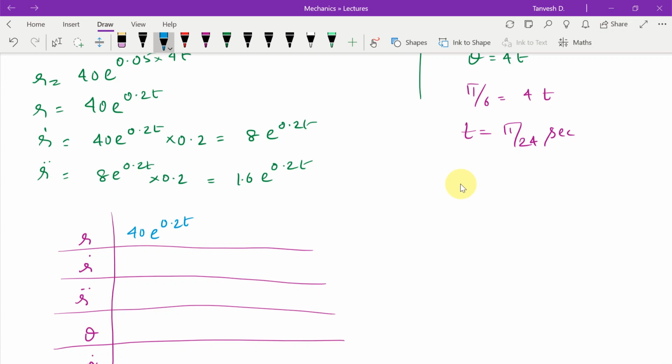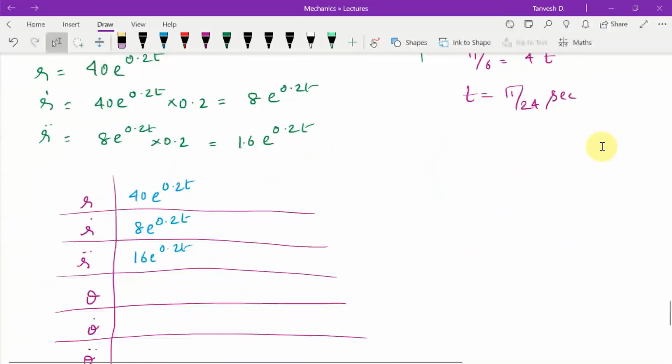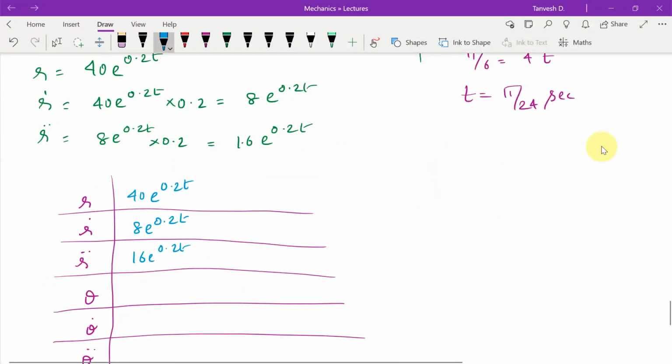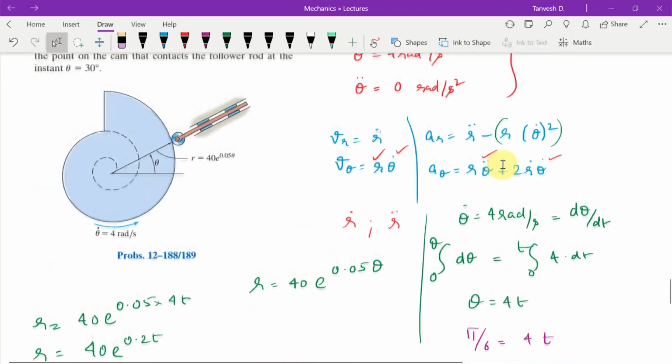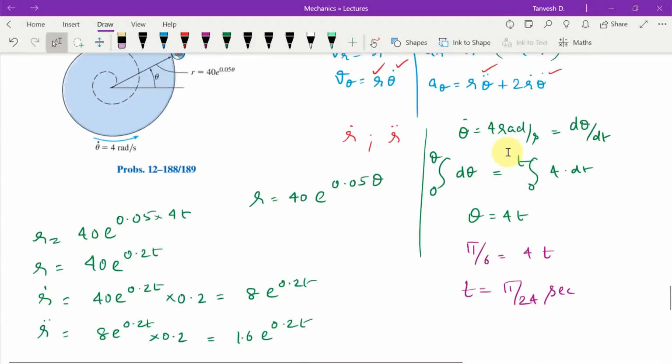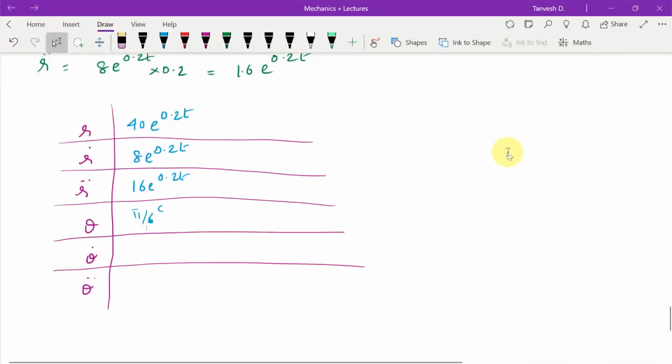R dot is 8 e raised to 0.2t. R double dot is 1.6 e raised to 0.2t. Theta is how much? Actually, theta is pi by 6 radians. Theta dot is 4 radians per second, directly given, and theta double dot is 0.